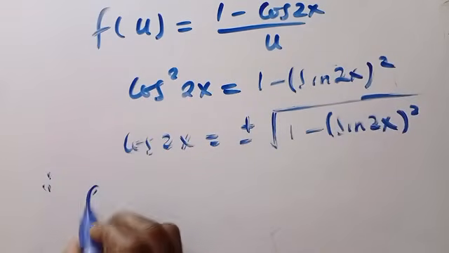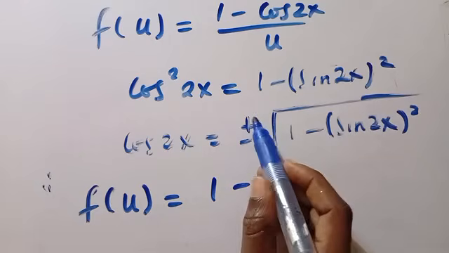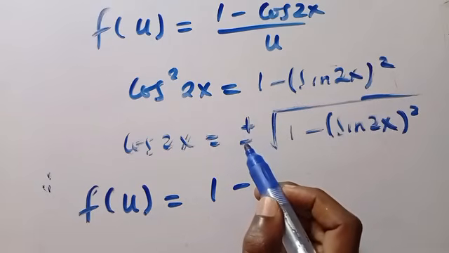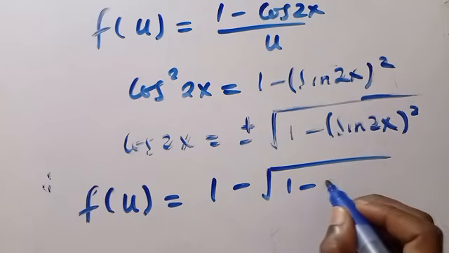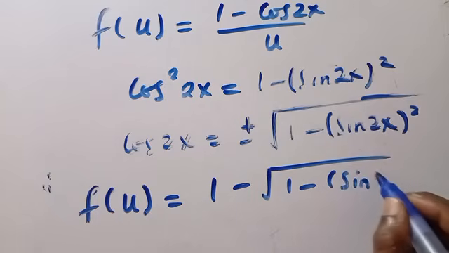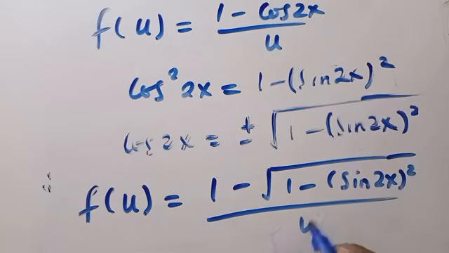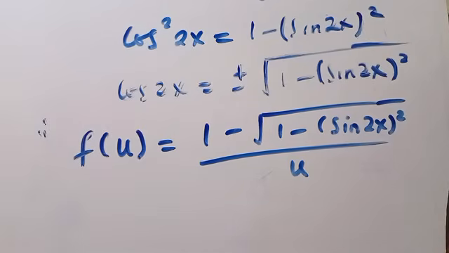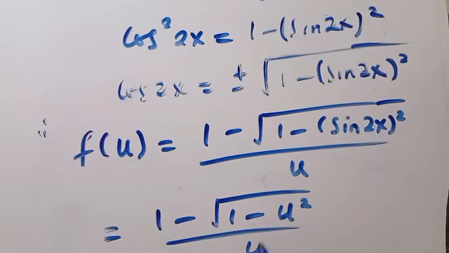So here we have f of u equals 1 minus, and we go for the positive, neglecting the negative, the square root of 1 minus sine squared 2x, divided by u. But sine 2x is given as u already. So replacing that, we have f of u equals 1 minus the square root of 1 minus u squared, then divided by u.